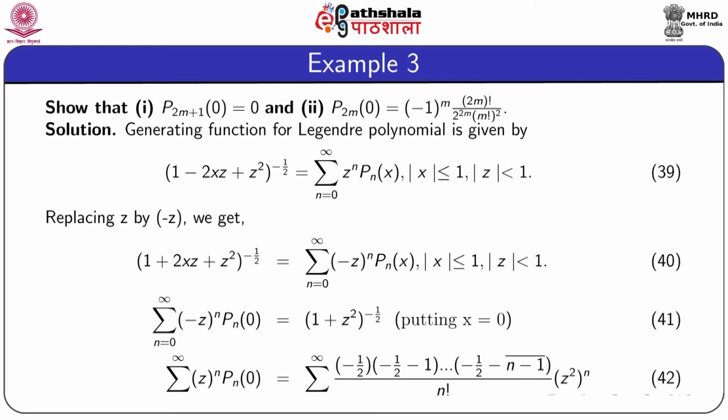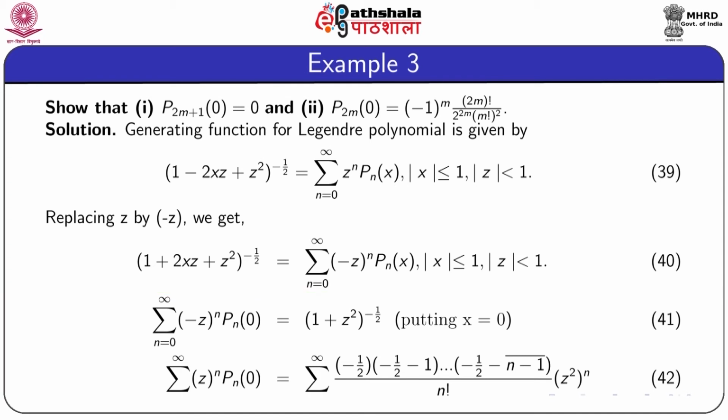We again start with the generating function for Legendre's polynomial given by equation number 41. We replace z by minus z in equation 41, and we get (1 + 2xz + z^2) to the power minus half, which is equal to the summation n equal to 0 to infinity (-z)^n P_n(x).